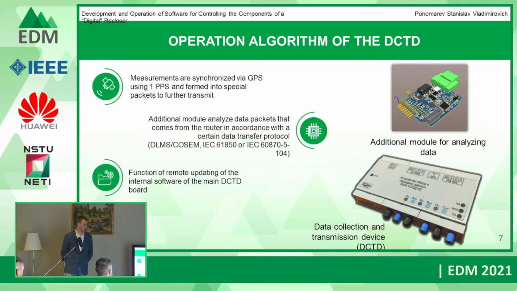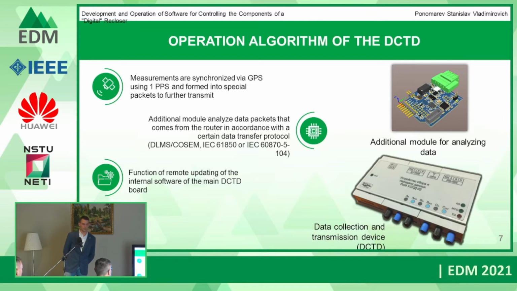Let's talk about the first device that I work with, which is a digital device, the data collection and transmission device, or DCTD. So this device takes measurements from the sensors and synchronizes them via GPS and 1 pulse per second technology, forming them into special packets to further transmit to the relay protection and automation unit and so on.